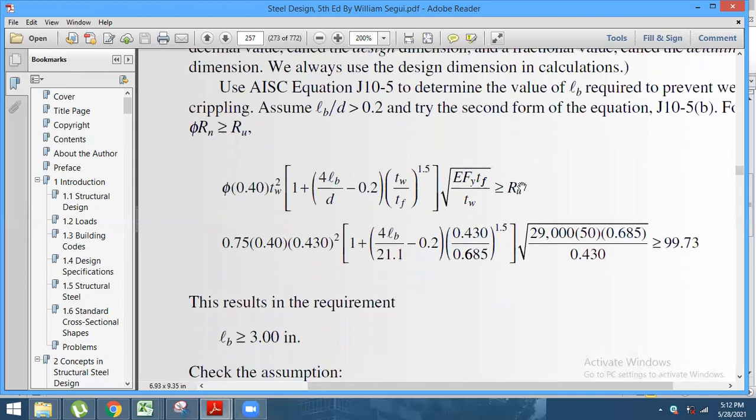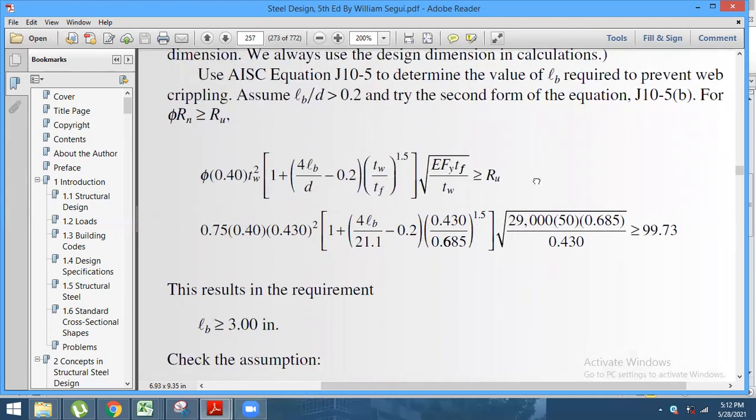And since nasa support siya, ito yung gagamitin na formula. So phi 0.4 thickness of the web squared, 1 plus 4 length of the bearing divided by the depth minus 0.2, thickness of the web over TF raised to 1.5, square root of E Fy TF over TW greater than or equal to Ru. Okay.